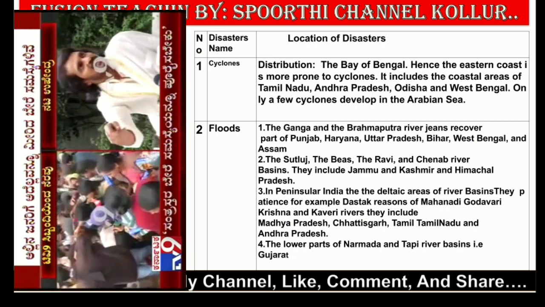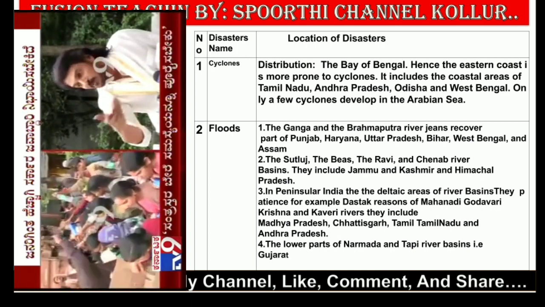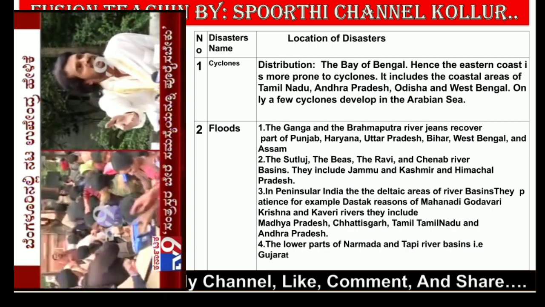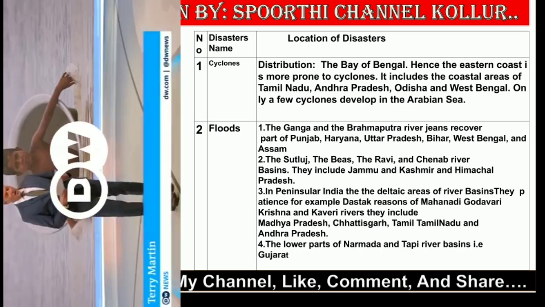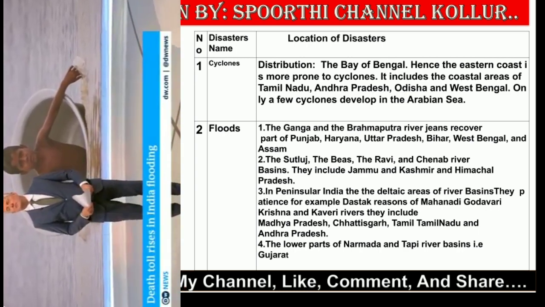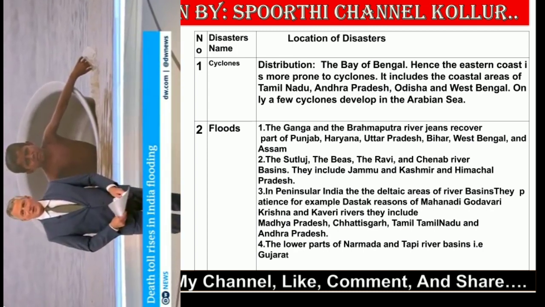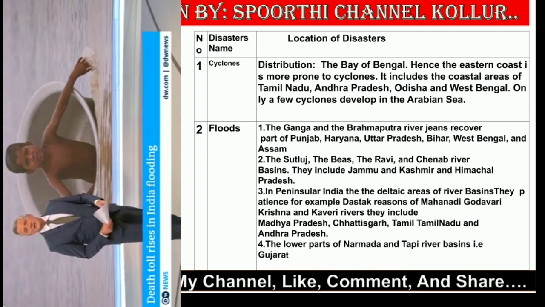Second, on floods, the Ganga and Brahmaputra river regions cover parts of Punjab, Haryana, Uttar Pradesh, Bihar, West Bengal and Assam. Second one, the Satluj, the Beas, the Ravi, the Chenab rivers, they include Jammu Kashmir and Himachal Pradesh.